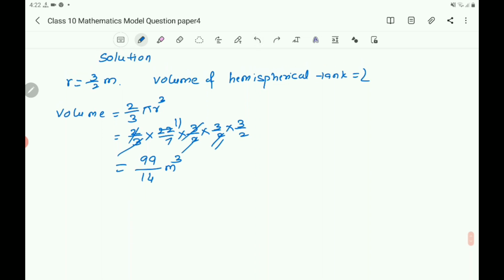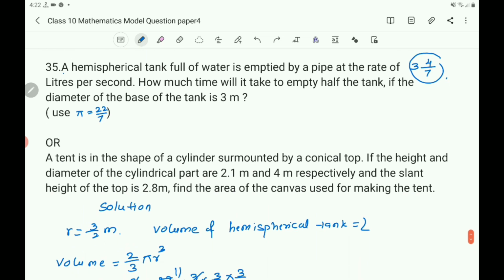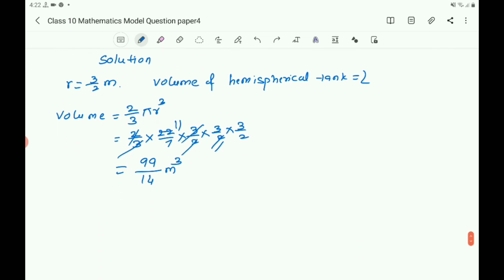So take 3 4/7 volume, that is 3 4/7 liters equals, 3 sevens are 21, 21 plus 4, 25/7 liters.